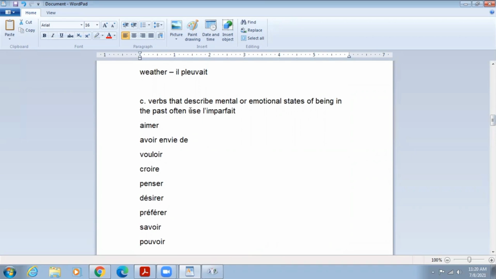Here we can also use the imperfect with verbs that describe mental or emotional states of being in the past.